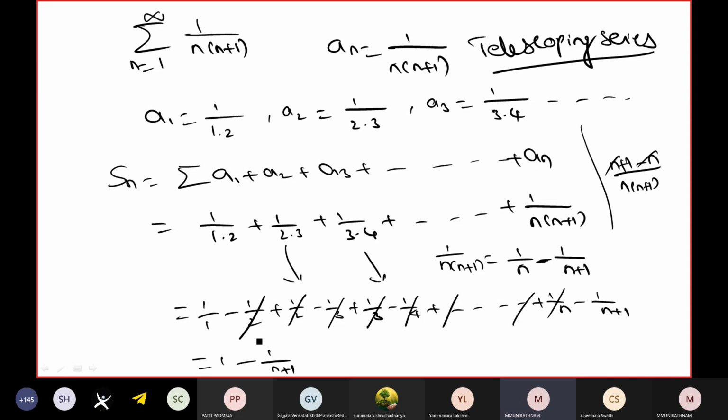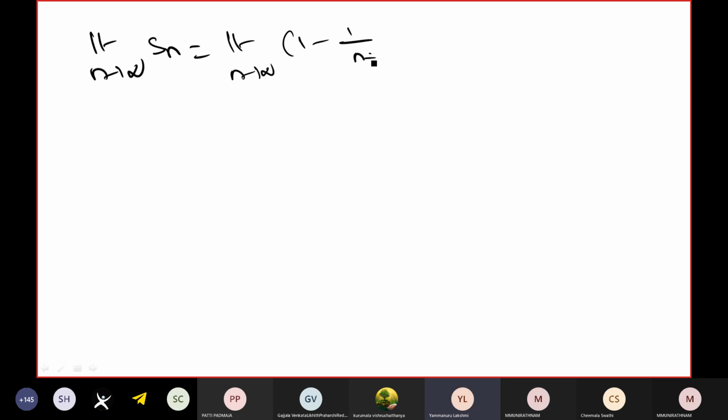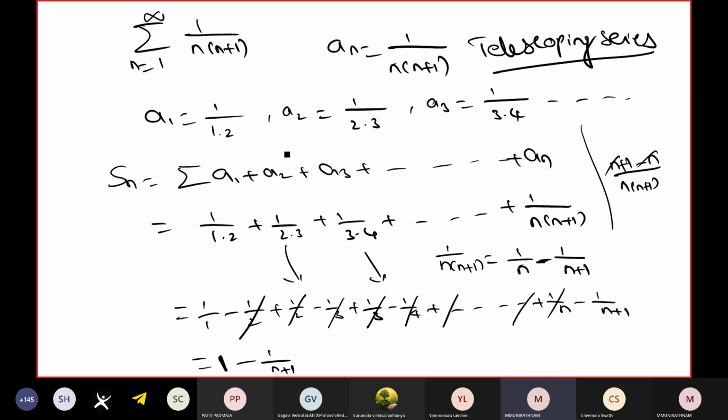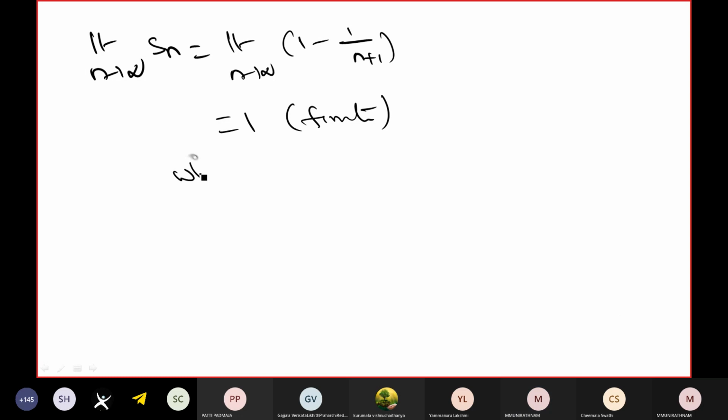This is a telescopic series and it converges. ఎందుకని? So this is my Sn, అవునా? So limit n tends to infinity Sn ఏమవుతుంది? Equals 1. 1 is finite, right? So whenever the limit of Sn is finite, then the series converges.